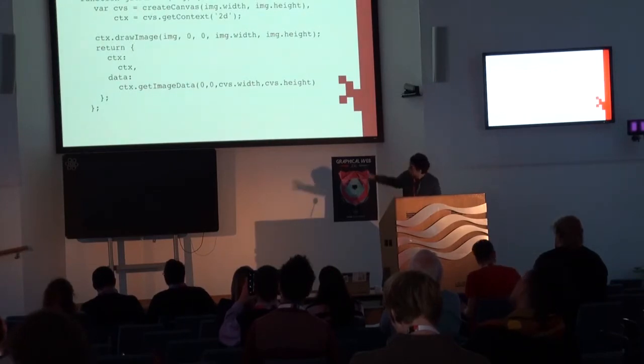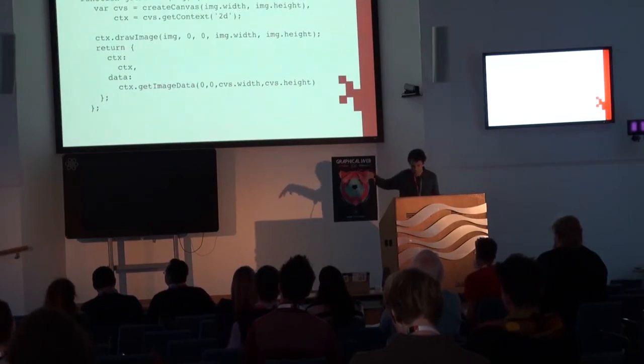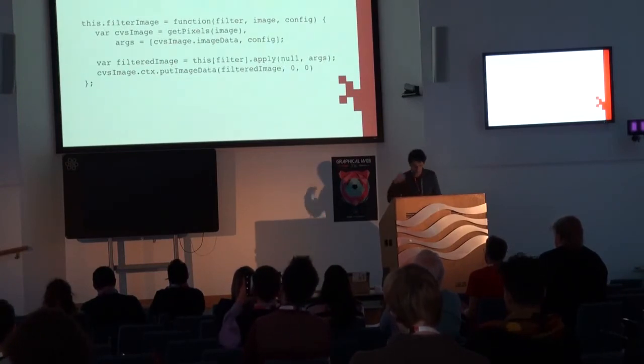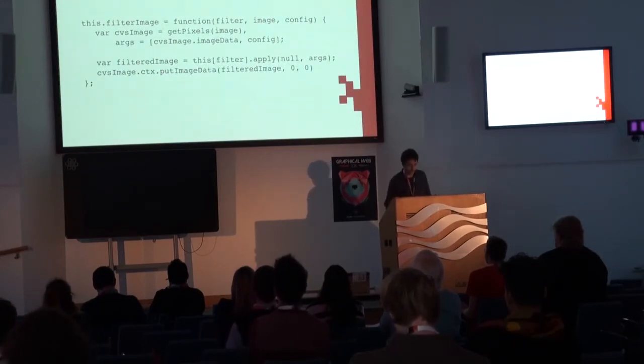Here is just a function to draw an image, or you get the image data from the current Canvas. So I made a public function, filterImage, passing the arguments: the filter, the image, and the image options.